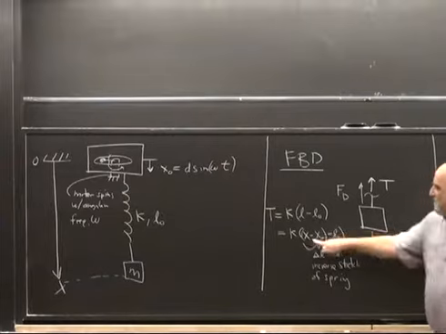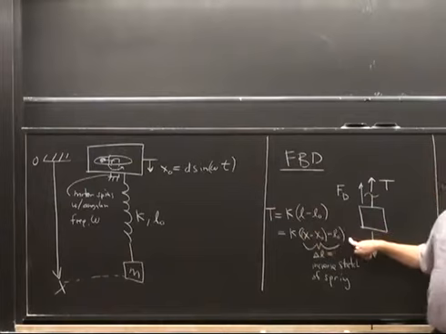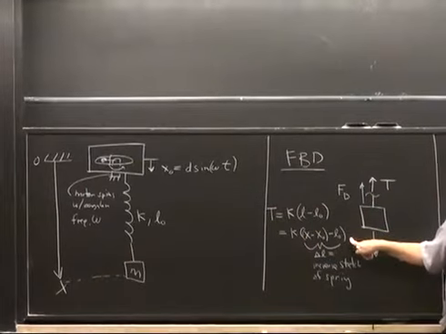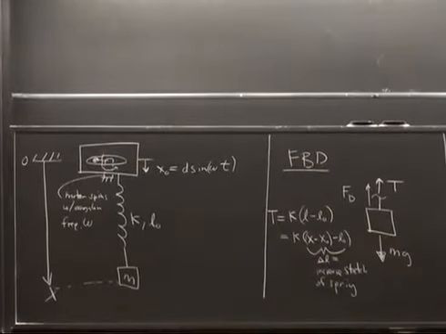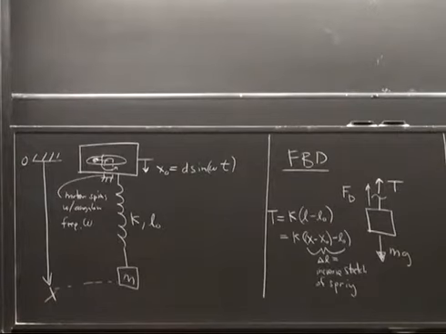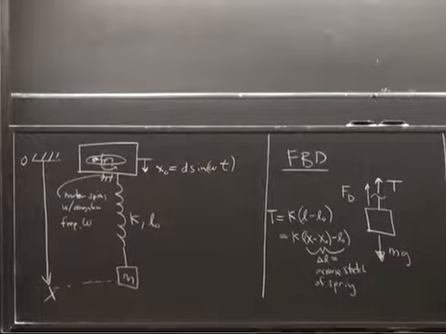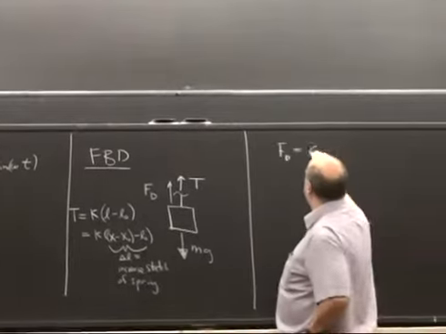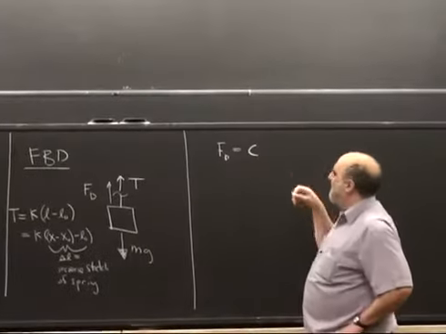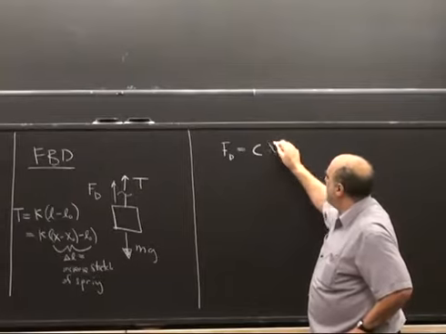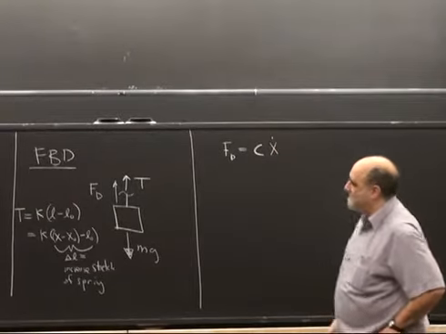Okay, are there any problems with this formula right here? Okay, then we also have the force of drag, and let's say the force of drag is some drag constant times the velocity, and we're going to say that's x dot.